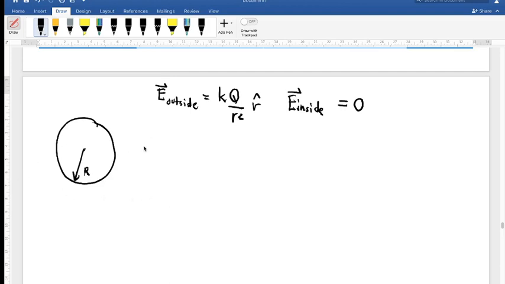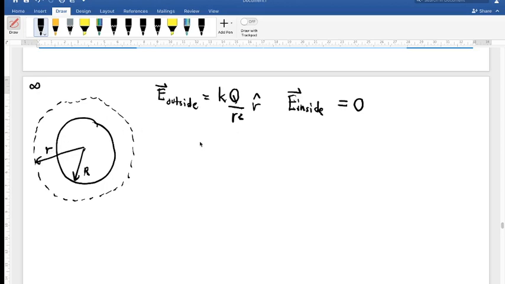First, we will deal with the outside, since our reference point is at infinity. Suppose this is our Gaussian surface with radius r.